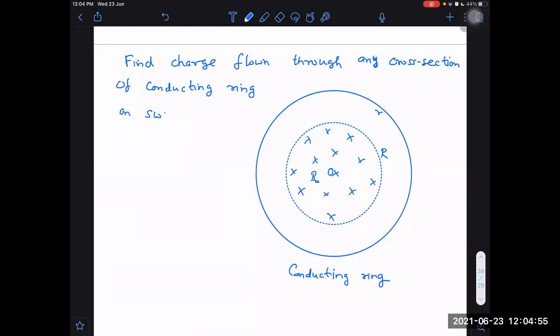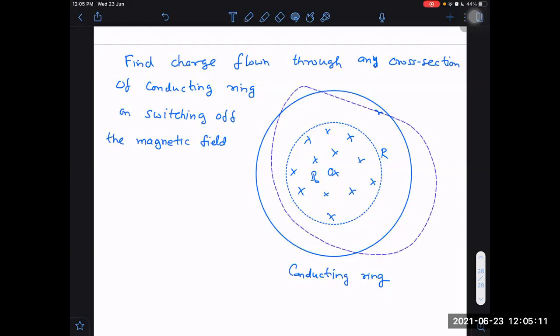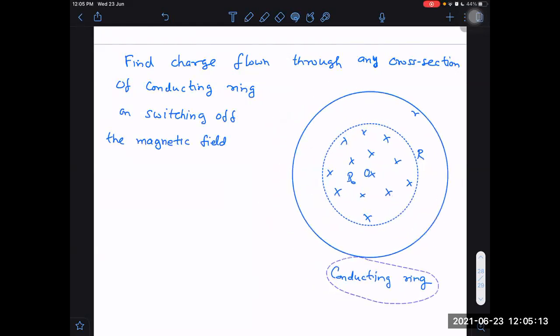Sometimes there may be no magnetic field, we may switch on or switch off the magnetic field. No need to tell time. Just find the charge flown through any cross section of the conducting ring on switching off the magnetic field.